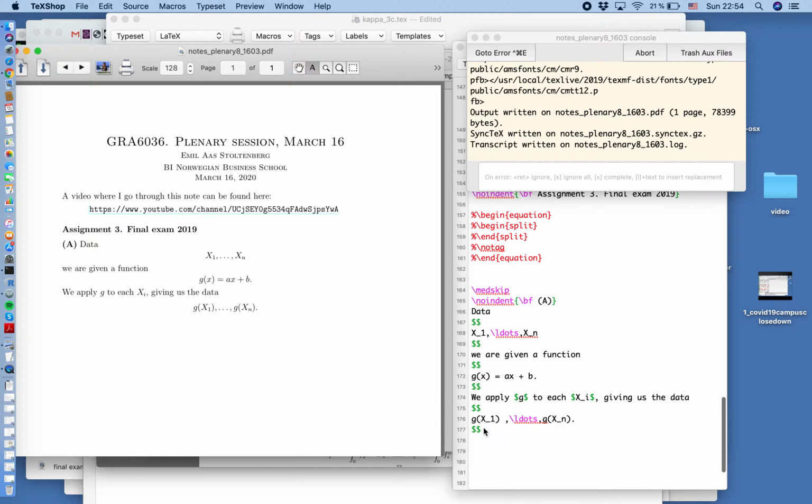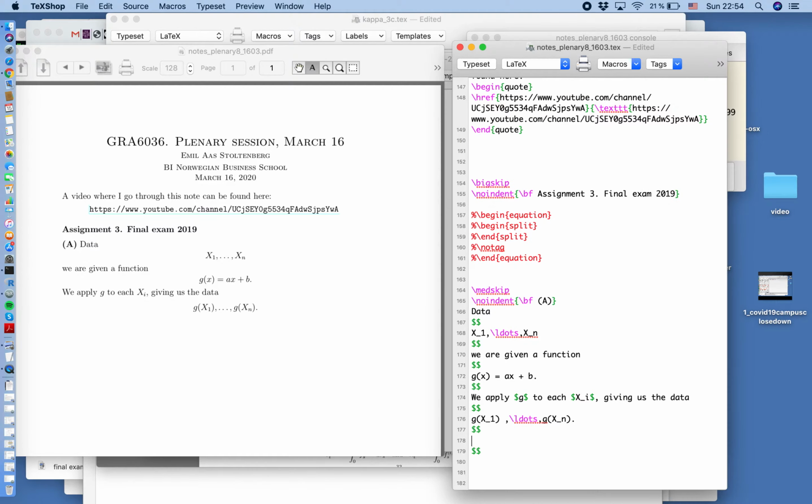Now, as usual, we denote the mean of the data, so here of the x_i's, by x-bar_n, which is 1 over n times the sum of the x_i's.